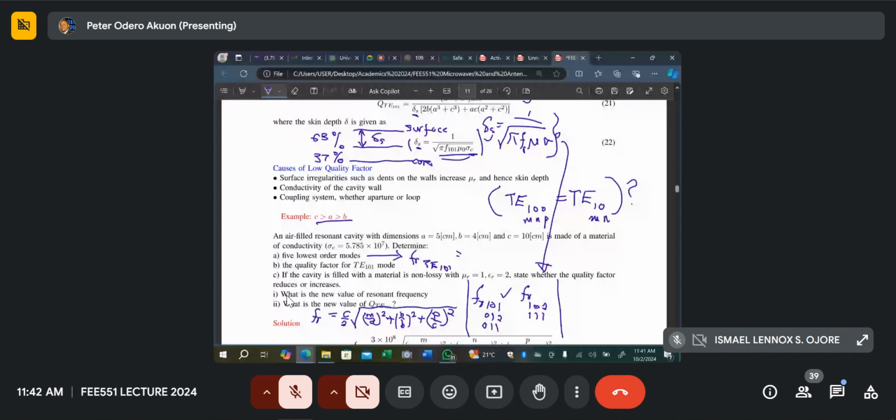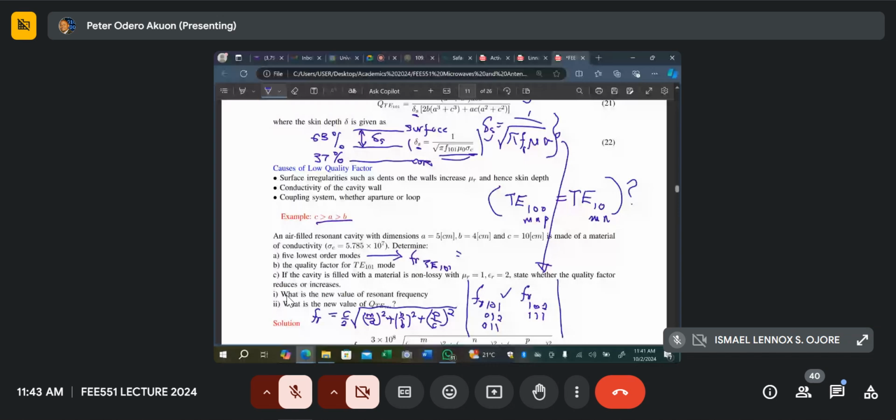What I meant is that you cannot have a cavity with C equal to 0. That becomes just a hollow waveguide, not P equal to 0, but C equal to 0. So you have 3.35 gigahertz.